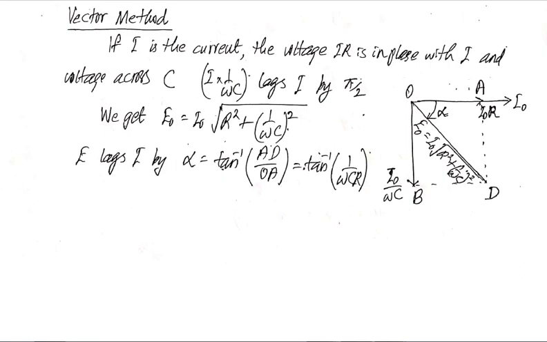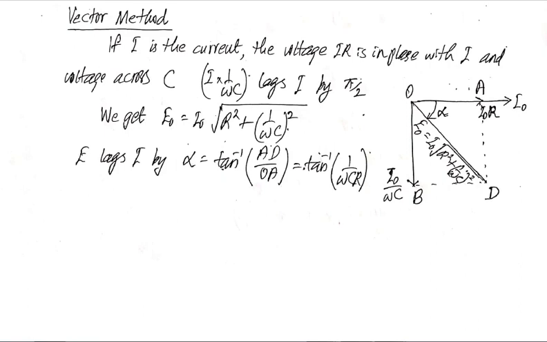And the voltage across the capacitance, which is I by omega c, will be lagging the current by a phase of pi by 2, because in a capacitor current is leading the voltage by pi by 2. So if I0 is the peak value of current, then the voltage I0R will be in phase. It is represented along the same line of I0. So I0R is represented horizontally along the same direction of I0.